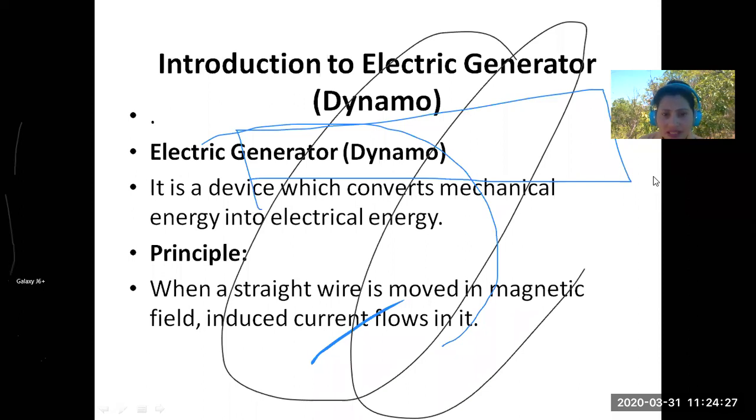Mechanical energy could be water, air, tides, so many things. You will learn how to produce energy in sources of energy, that is the next lesson. Now here is a small quiz for you. Let us try this out.